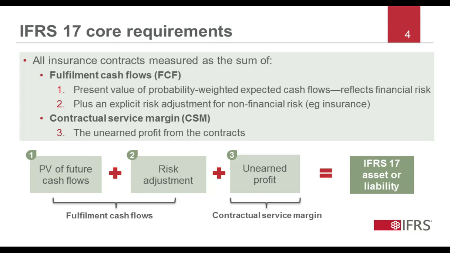The probability-weighted cash flows are brought into present value terms. Fulfillment cash flows also reflect non-financial risk because a premium for non-financial risk, called the risk adjustment, is added on top of the present value probability-weighted cash flows. The second component, the contractual service margin, CSM, represents the unearned profit from providing services promised in the contracts.